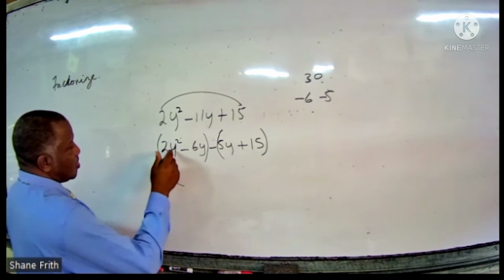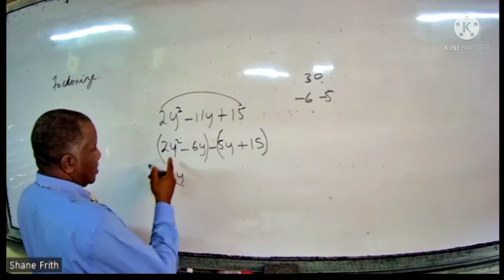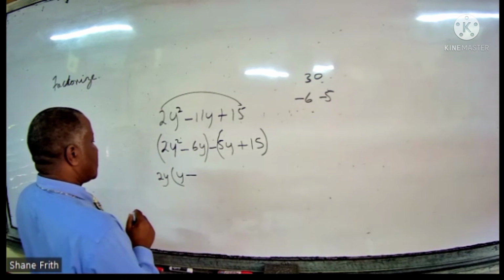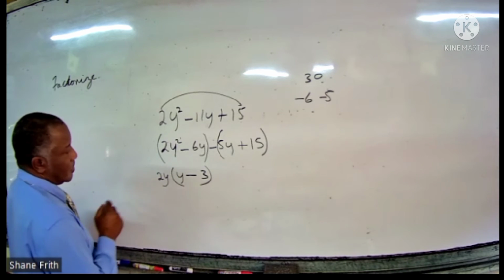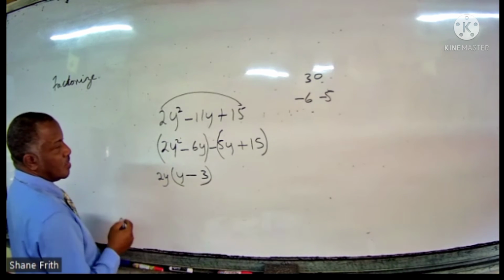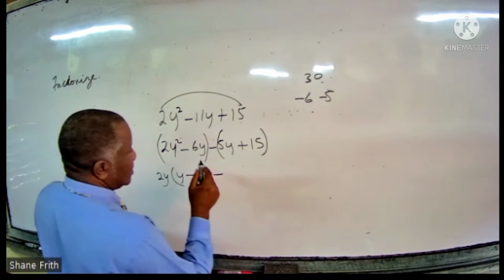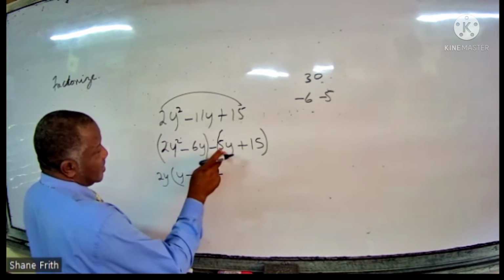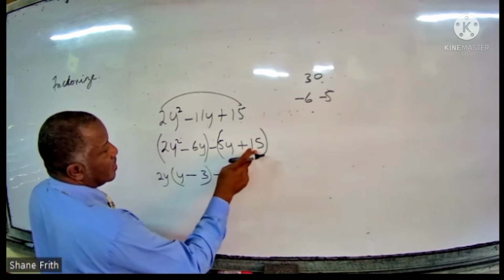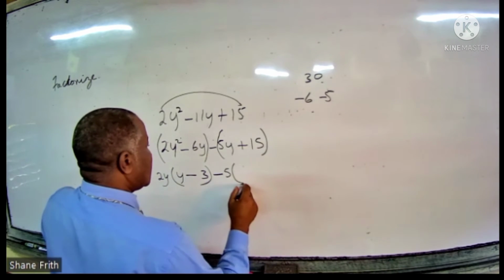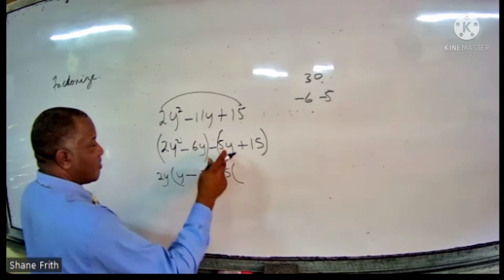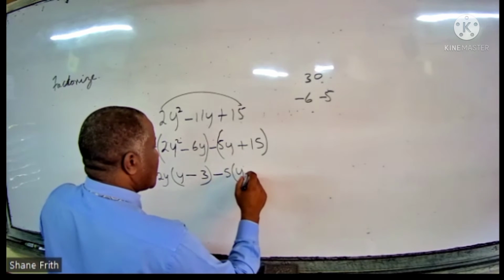So when I factor out 2y, y remains here, and 3 here. That is, 2y into 6y goes 3 times. Minus, if you look at our common factor here, 5 can go into that, and 5 can go into 15. So my common factor will be 5. And when I divide this by 5, I'm left with y.